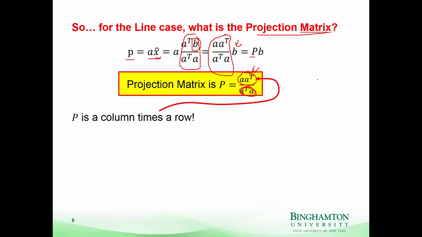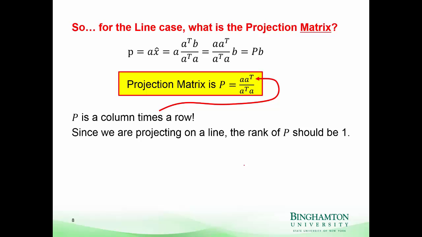Anytime you've got a column times a row, you're going to get a matrix, but it's actually got an interesting characteristic to it. So we're projecting onto a line. We should think that the rank of P should be 1 if we think about range space. The range space, or the column space of P, where we can end up, is dimension 1.